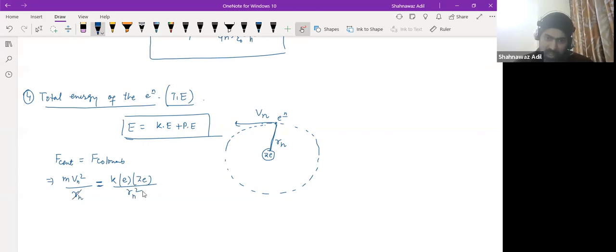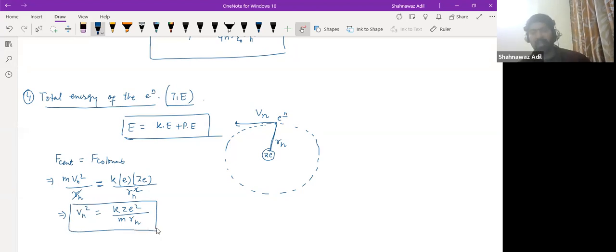So this rn cancels. And why am I calculating this thing again? Because we will need this. So let us calculate this: K Z square e square by m r, which is the velocity square.